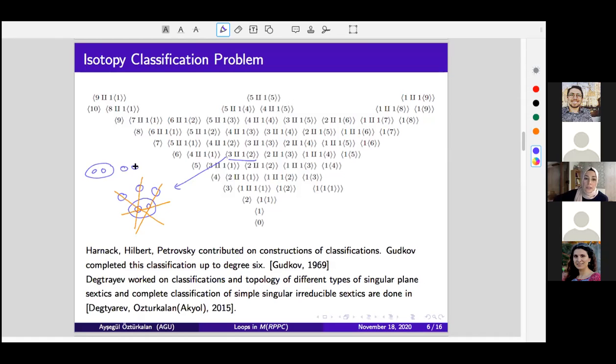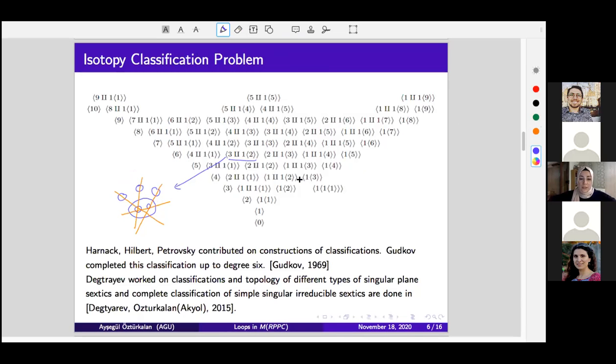I'm sure it is not that scheme, because when you intersect, it will need more degree than 6. I don't know if I'm going too fast, but if you have any question, you can stop me.